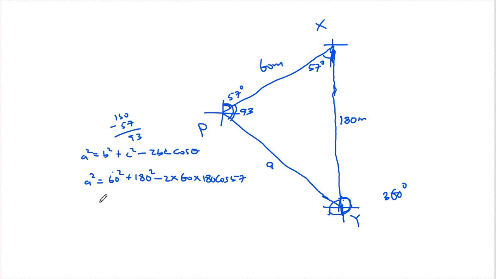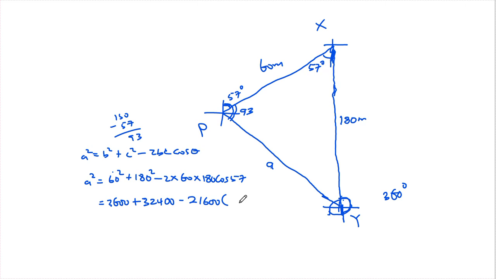A squared is equal to 60 squared plus 180 squared minus 2 times 60 times 180 cos 57, because A is facing the angle 57. Remember, according to the cosine rule, A squared is equal to B squared plus C squared minus 2BC cos theta. So that's why we have this here.